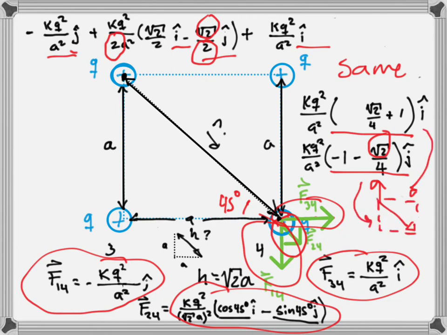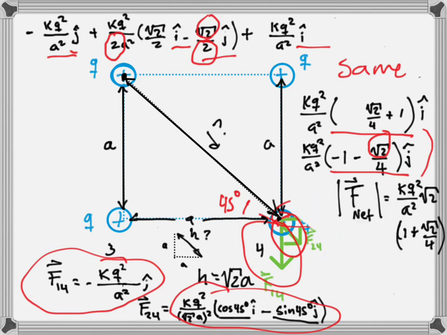So the force is going to have two components that are identical to each other. The x component and the y component are equal in magnitude for our net force. That means the net force is going to be pointing 45 degrees below the positive x direction. What is the magnitude of that force?